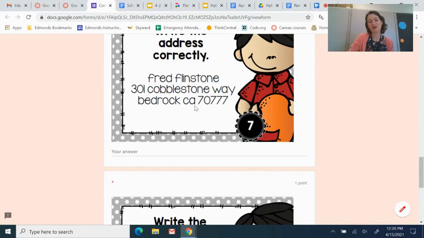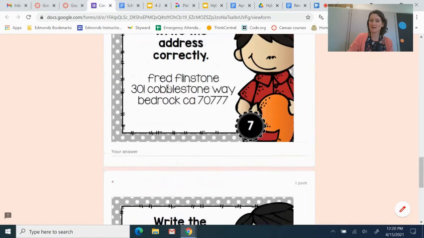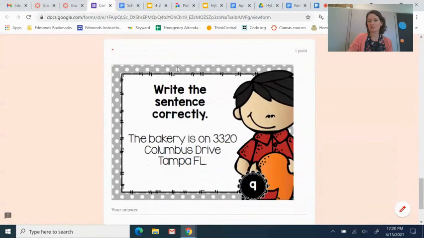See where the comma goes and where you would capitalize. Now the last one doesn't say write the address correctly, it says write the sentence correctly. The bakery is on 3320 Columbus Drive, Tampa, Florida. Remember, when we are writing the address in a sentence, you also need a comma after the street name.